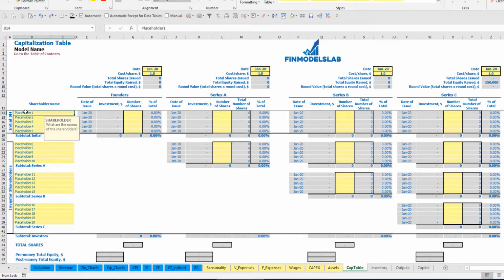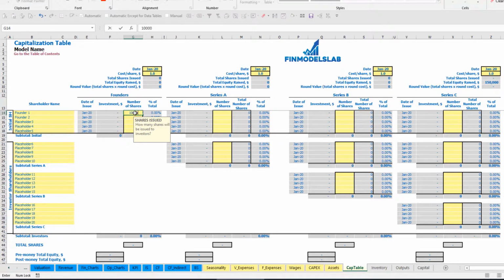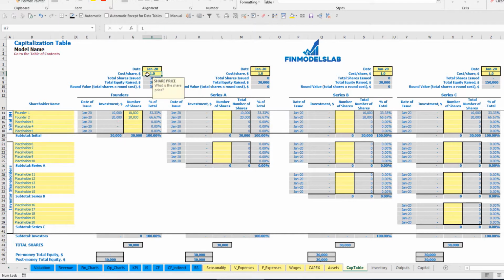Let's pretend that we have two founders, founder 1, founder 2. The total amount of shares for founder 1 can be 10,000, for founder number 2, 20,000. Let's imagine that the cost of share will be $2 and the date of funding is February.